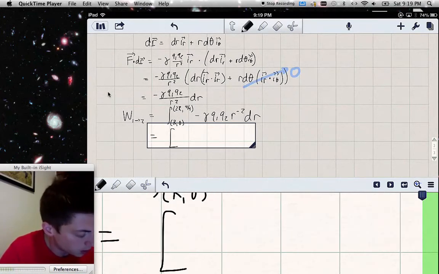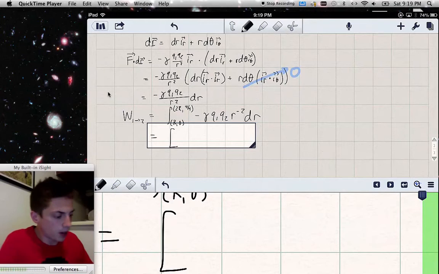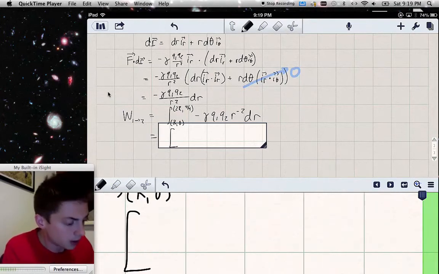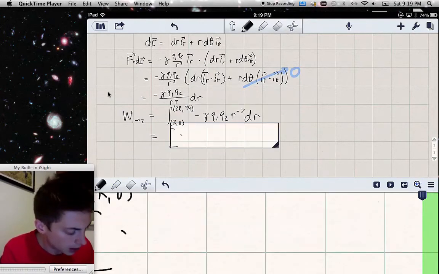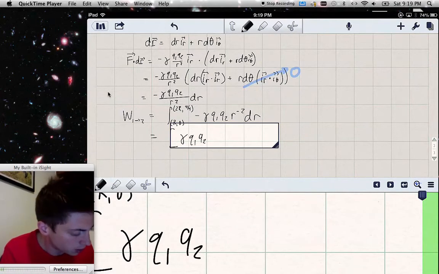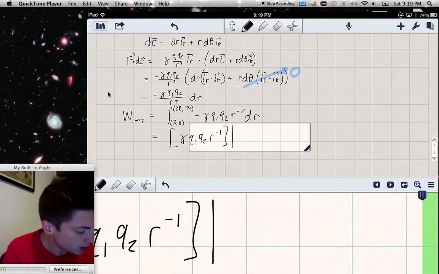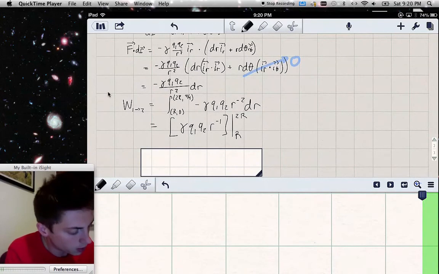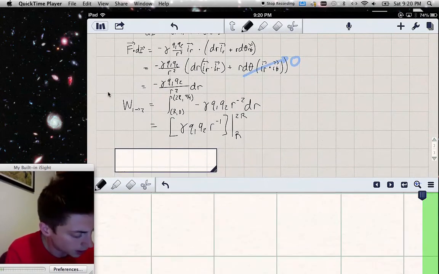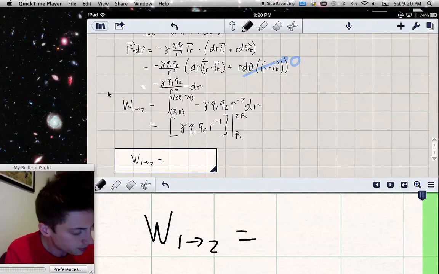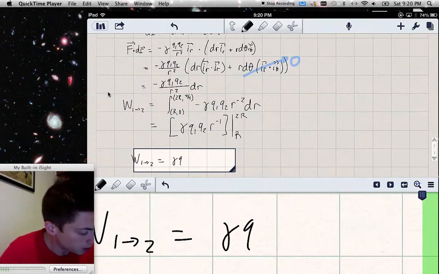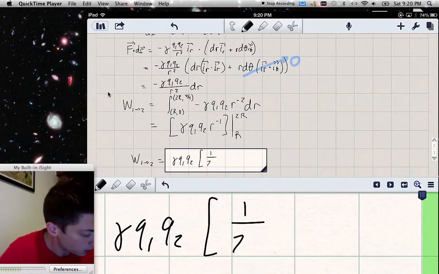And that's equal to, so we integrate, increase the power by 1, divide by the new power. The new power is going to be negative 1. Gamma, q1, q2, r to the minus 1, evaluated. And just these r terms will matter since we don't have a theta appearing. Okay, and the work done is equal to gamma q1 q2, and then we have 1 over 2r minus 1 over r.